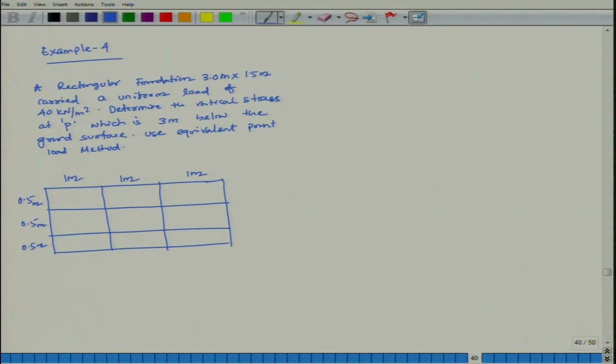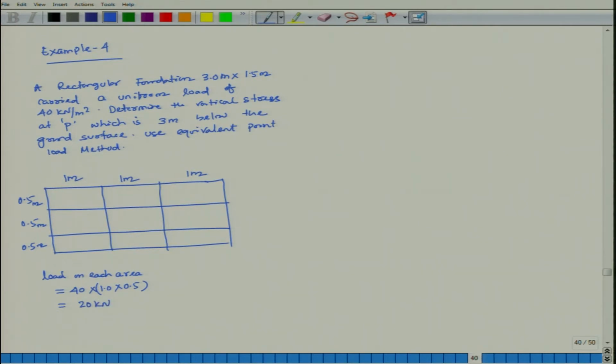Then the load on each area will be 40 into 1.0 into 0.5. 40 is the load intensity in kilonewton per meter square, multiplied by the area of each, which gives 20 kilonewton.